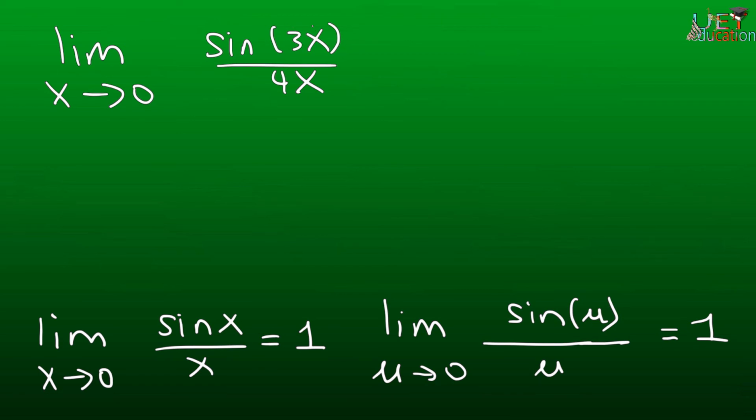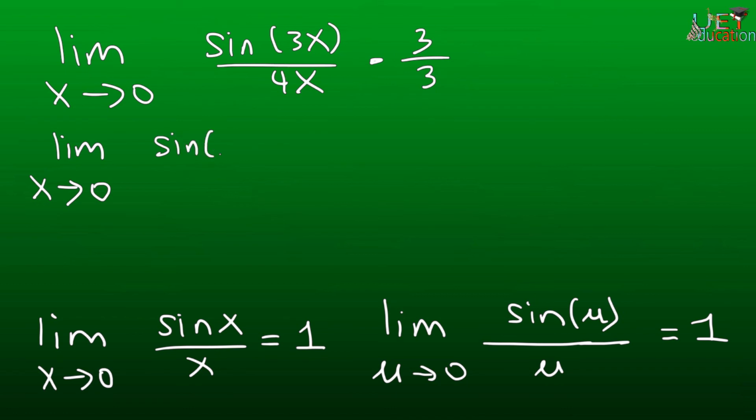So what we need to do is first make these two the same. In order to do that, I'm going to multiply the top and the bottom by 3 divided by 3. I'm going to move around some things. So I'm going to switch the 4 with the 3. 4 times 3 and 3 times 4, they're the same thing.